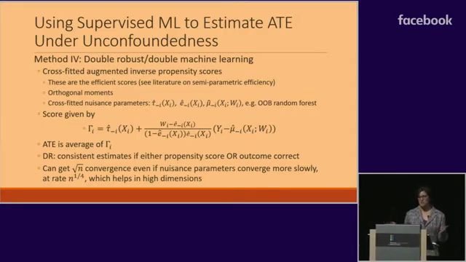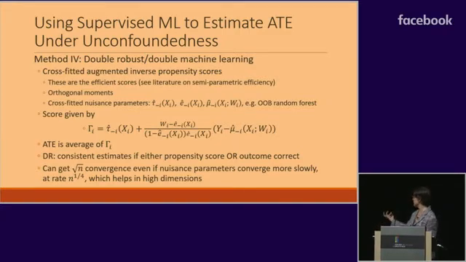So this statistical theory, it's complicated, so I'm not going to be able to do it full justice. I just really want you to take the idea that for every problem that you look at, you can do a bunch of algebra and come up with a set of moments that you can use to estimate the parameter, and they're called orthogonal moments when parameters that aren't your parameter of interest, like I'm not intrinsically interested in estimating the outcomes, are orthogonal to your moment.